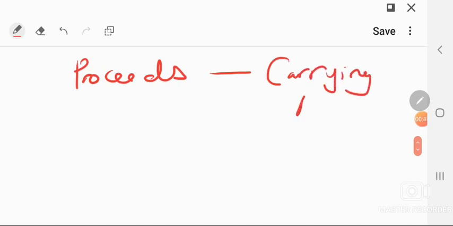The carrying amount is what you would most likely be told in your question: the value of your previous holding as at to date is this much. So let's give an example. The value of your holding is 50,000. Then they tell you it was disposed of, or sold, at maybe 60,000.